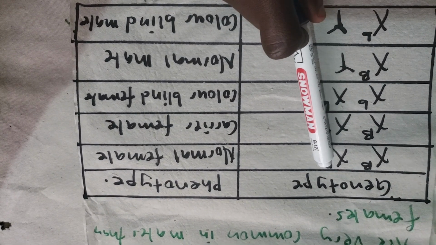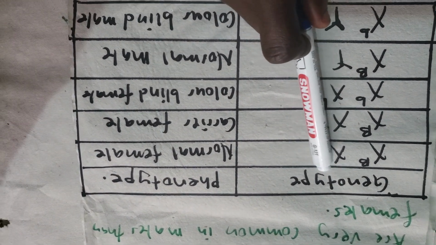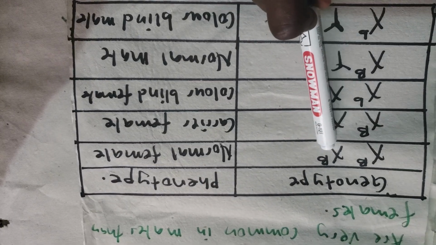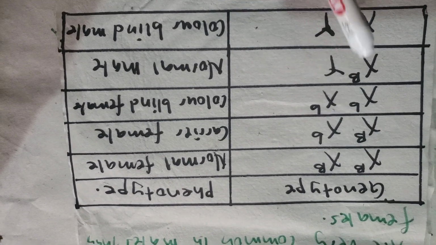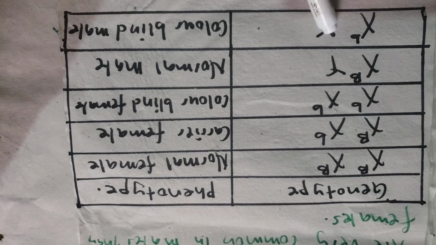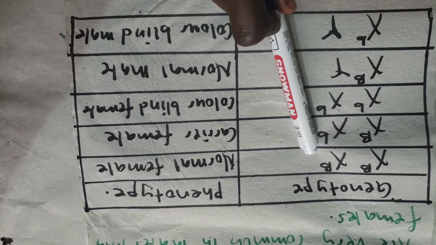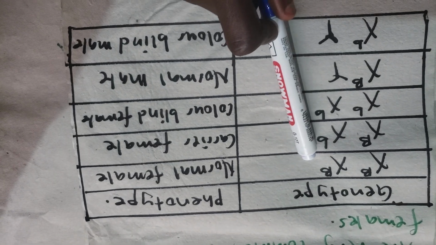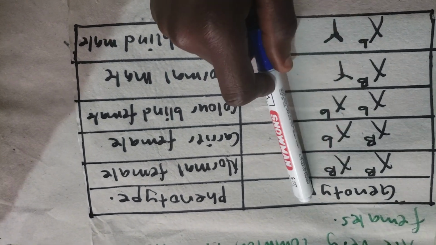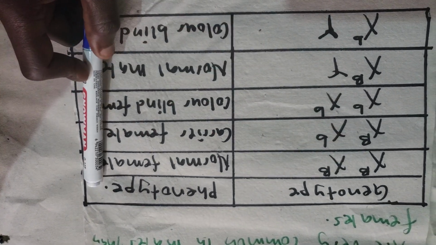So that's why we are saying that this disease is carried on the X chromosome. That's why we are saying that it is more common in males, as you can see here, than in females. Allow me to take you through the genotype and the phenotypes.